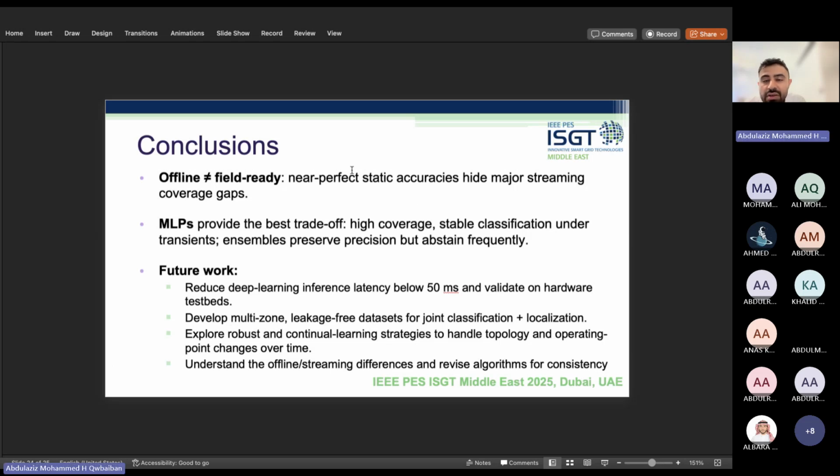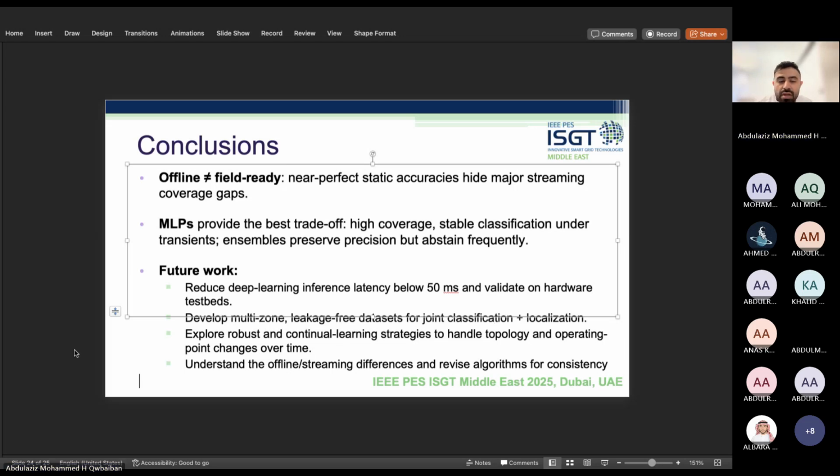Near perfect static accuracies hide major streaming coverage gaps. The MLP provides the best trade-off: high coverage and stable classification, while ensembles preserve precision but abstain more frequently. So what's the future? Reduce the latency below 50, and a multi-zone leakage-free data set for joint classification. These are some of the things we can do in the future.